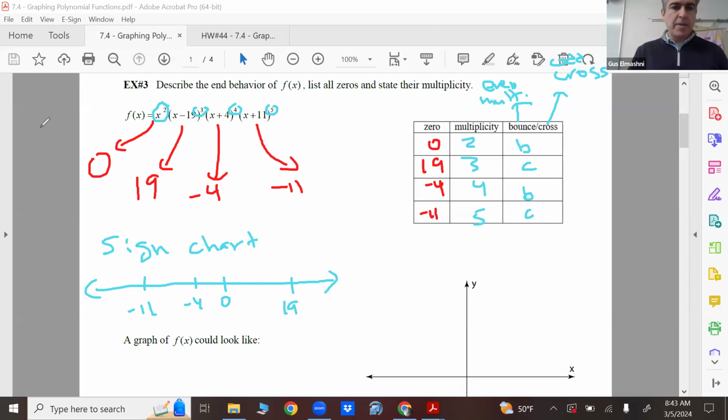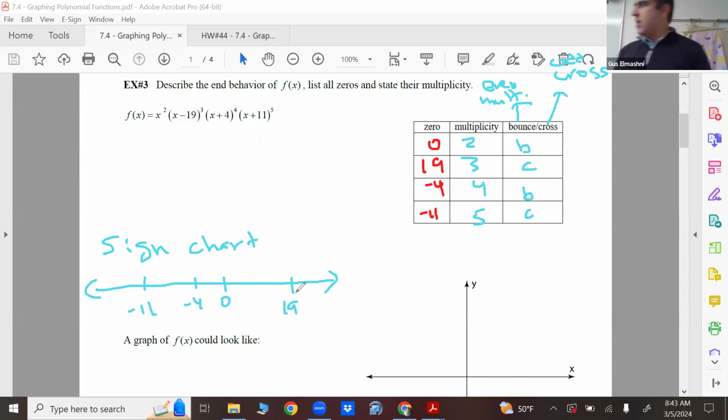Okay, let me erase this for now. Okay, so sign chart, not sure if you guys have done this before, but it's kind of important, especially for calculus. In a sign chart, you take the x-intercepts, right? The zeros. You make a number line and you put them on it.